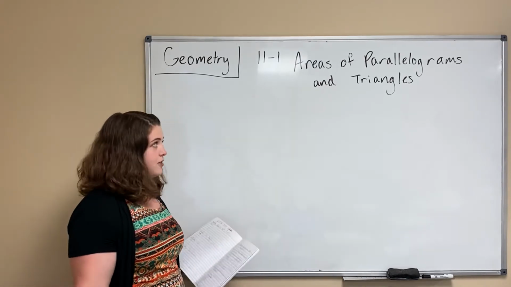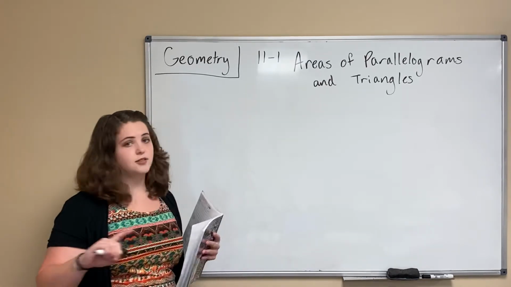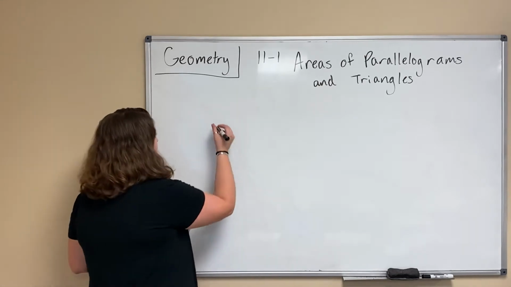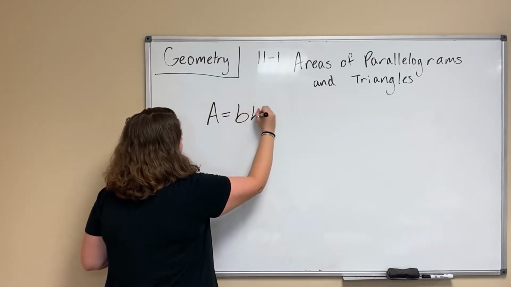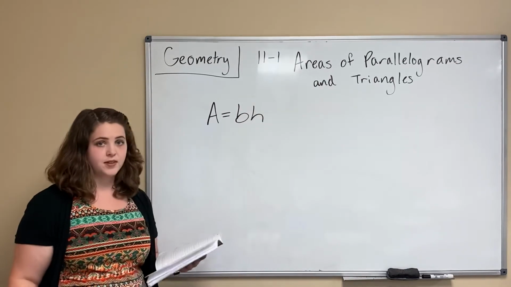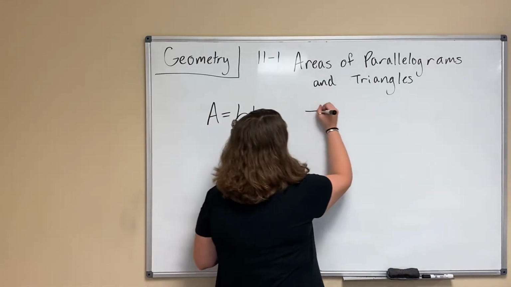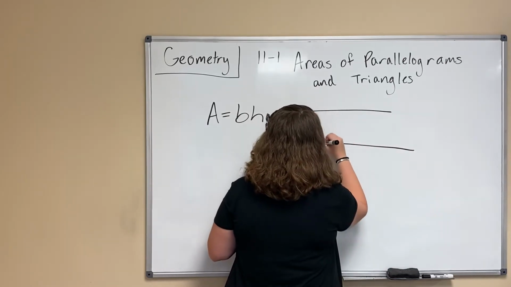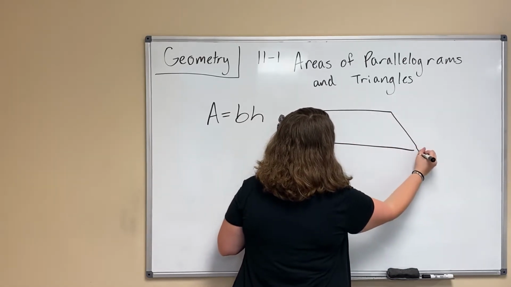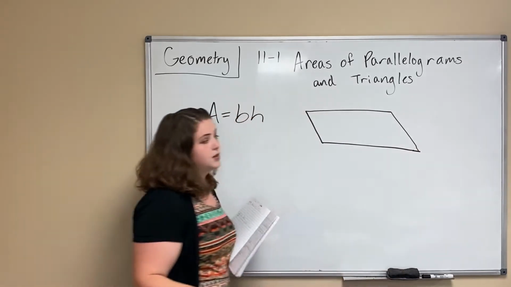Now you may already know this, but the area of a parallelogram can be found using the formula area equals base times height. Now, in a parallelogram, you can pick any side to be the base.